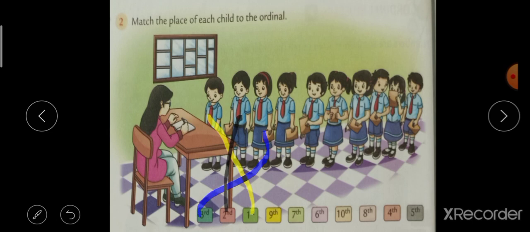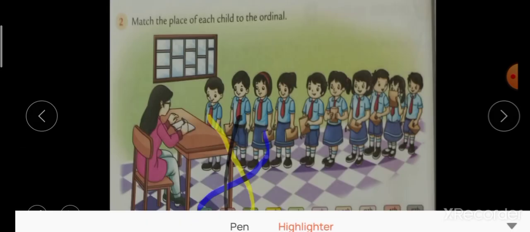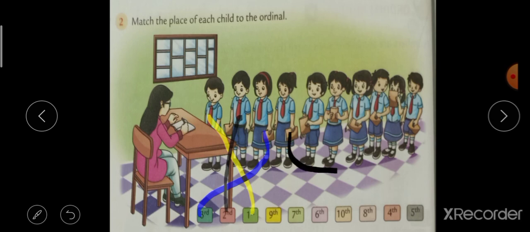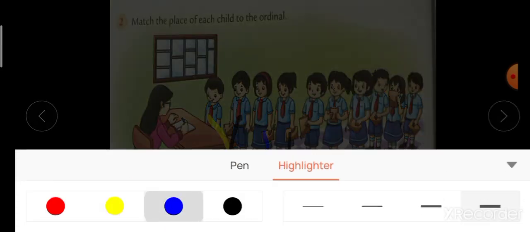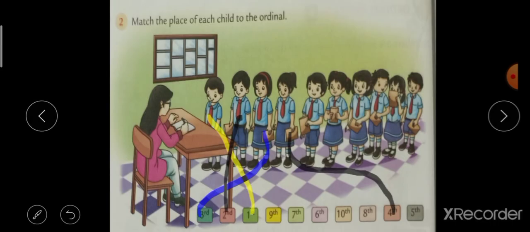Okay, now after that we have fourth. So where is the fourth child? Four will come here. Okay, then fifth. Like this we will keep changing the numbers and keep matching. Fifth is here, and here it goes to fifth.